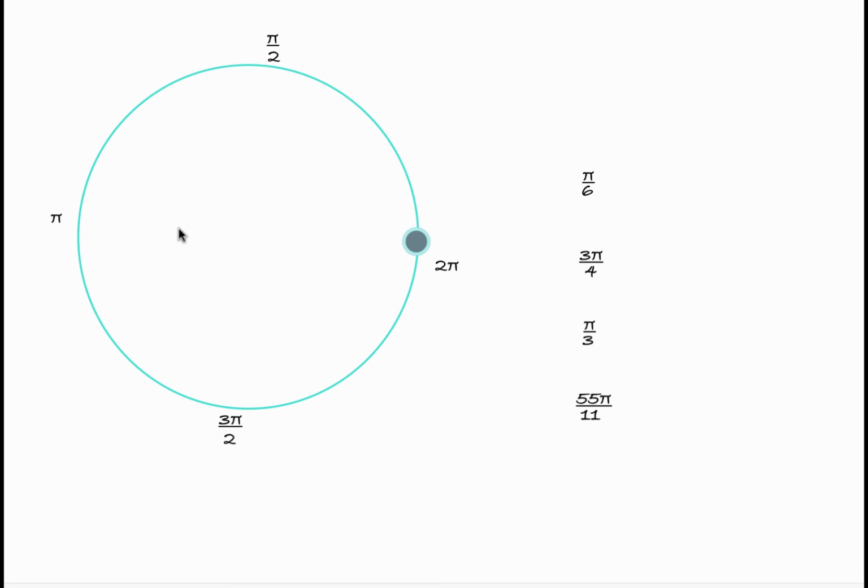All right, so we want you to start looking at the unit circle as fractions of pi. So we want you to look at pi over 6 as 1/6 of pi. All right, so that means we want you to look at pi. Okay, so there's pi, there's 180, and we want you to divide it into 6 parts.